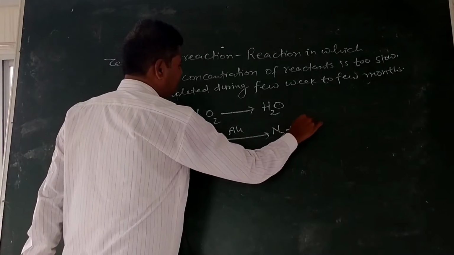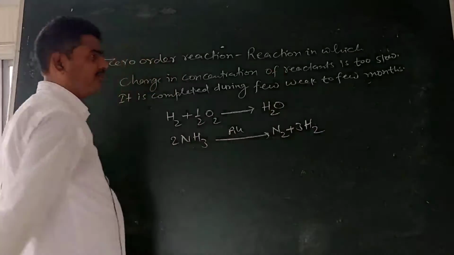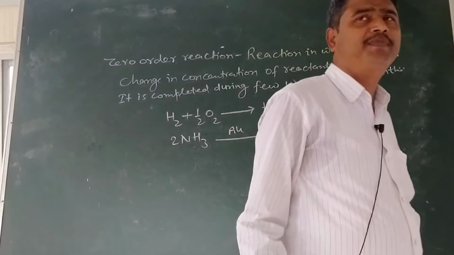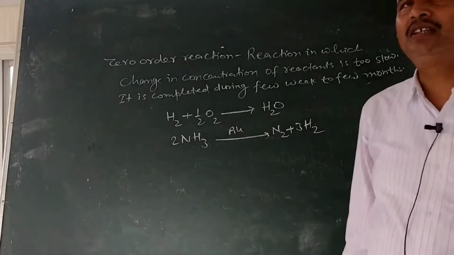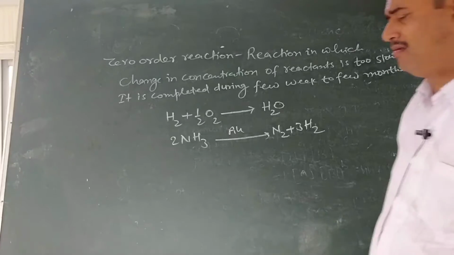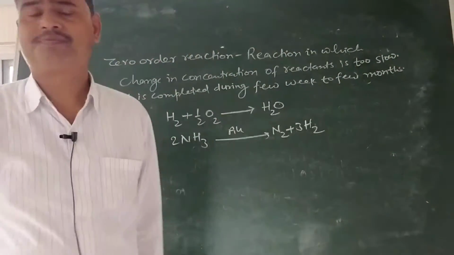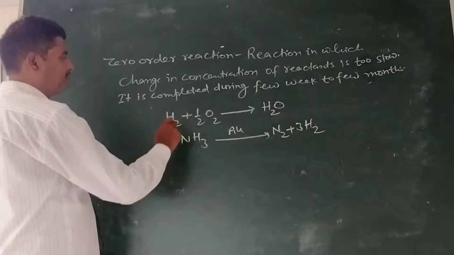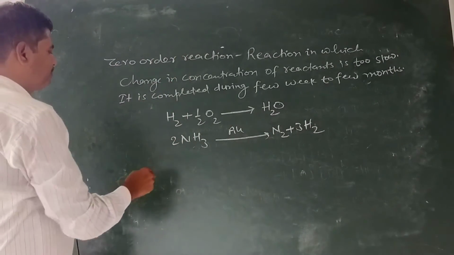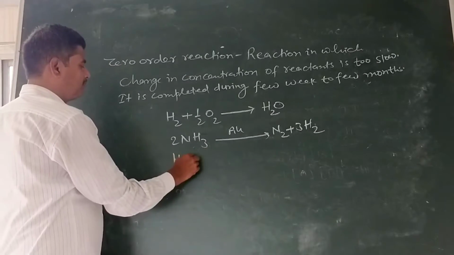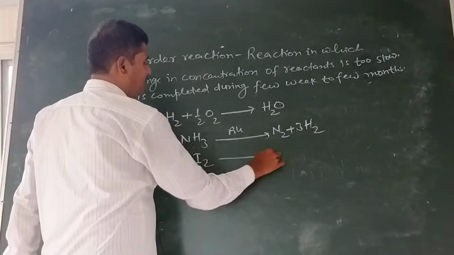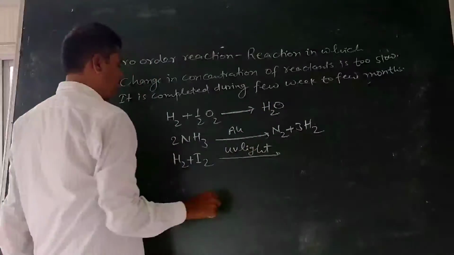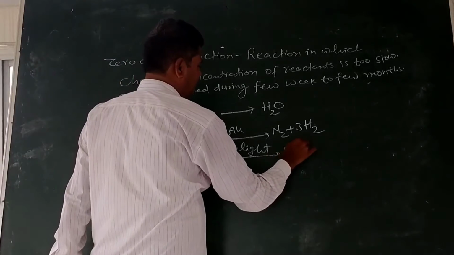Very slow. Formation of hydrogen iodide by mixing hydrogen and iodine gas. It will take a few months. In sunlight, UV light.